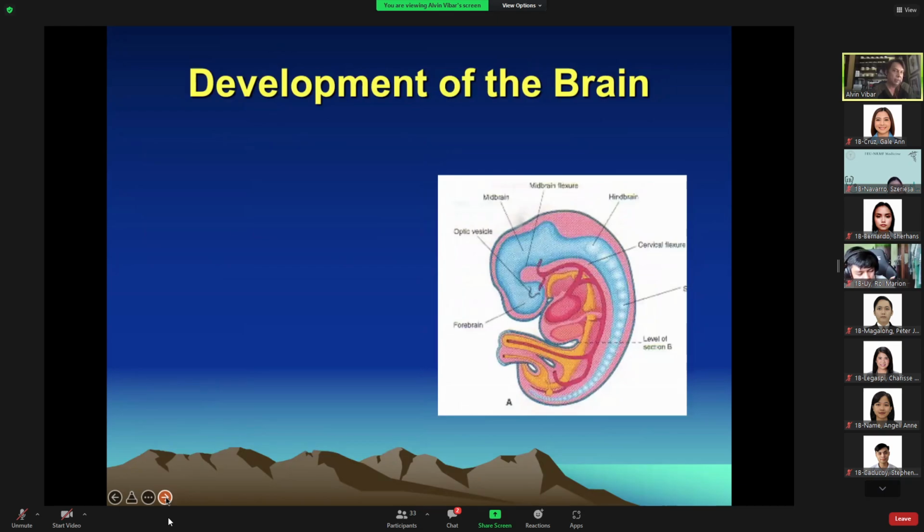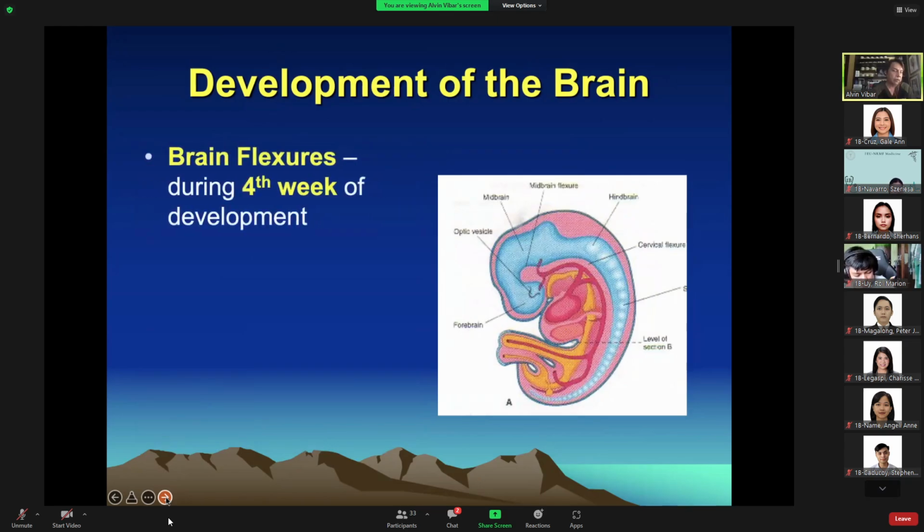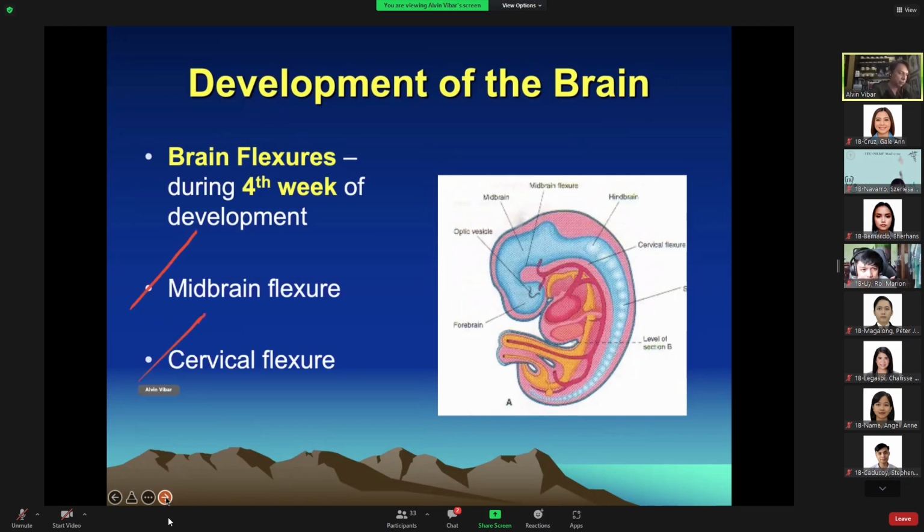Let's go now with the growth of the brain. In the 4th week of human development, you're going to have 2 curvatures, the midbrain flexure and the cervical flexure. And as a result, you have the formation of 3 primary brain vesicles. I want you to remember that, okay?